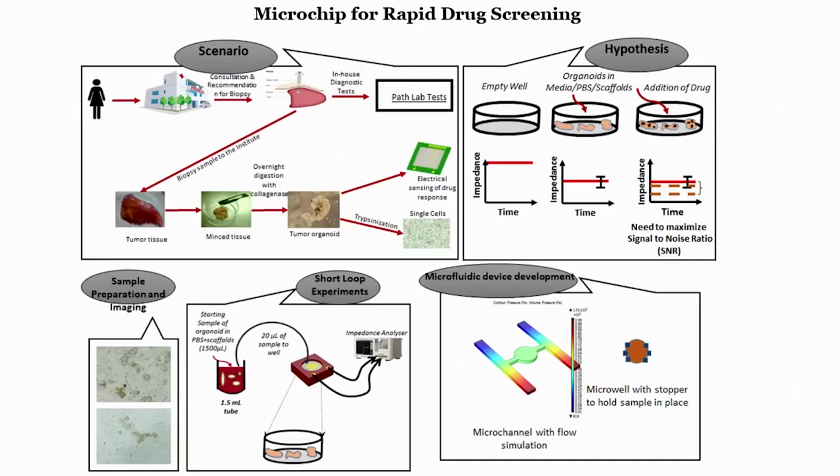Now, let us take this scenario. A patient goes to a hospital to consult a clinician, depending on the results obtained from the gold standard, like MRI or mammography. Let us take an example of breast cancer.